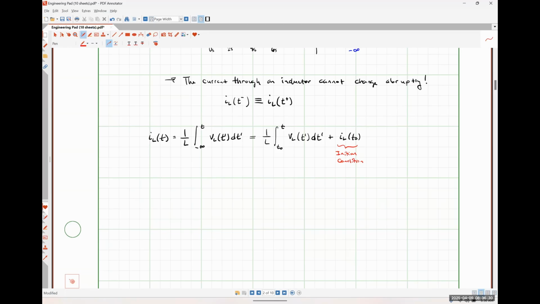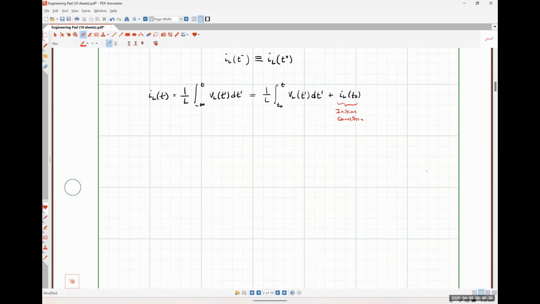So let's look at an example here. Let's work something out, so we can see how this might be used. Let's say that V_L of t is mathematically given by the following relationship: 5e to the minus 10t volts.